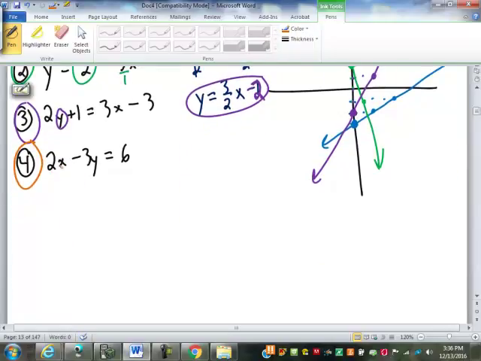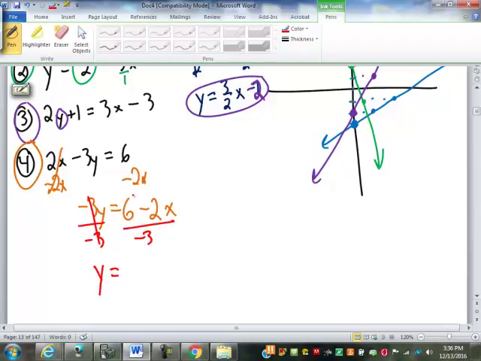We have to get rid of the 2x. It's added. Negative 3 is multiplying y. 2x is added. So we're going to subtract the 2x first. So we're left with negative 3y equals 6 minus 2x. Then we're going to divide by negative 3. Cancels out negative 3, so y equals, what's 6 divided by negative 3?